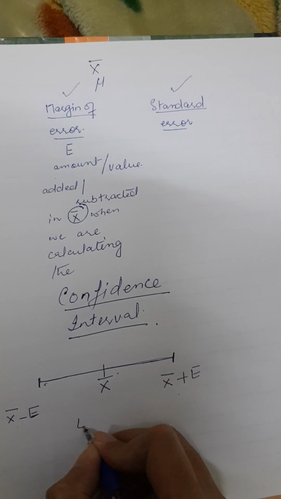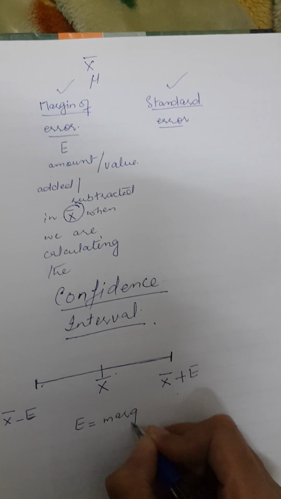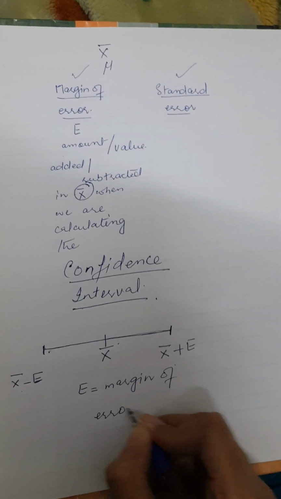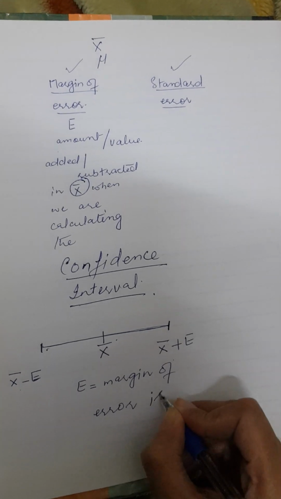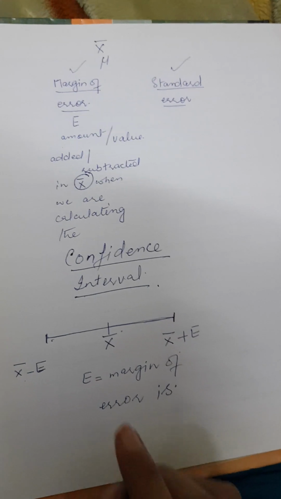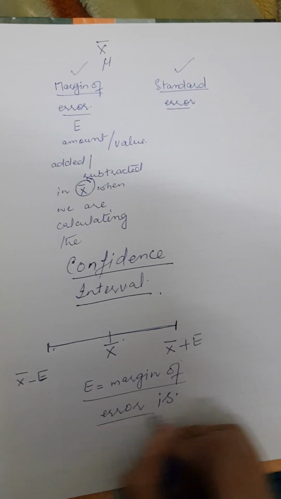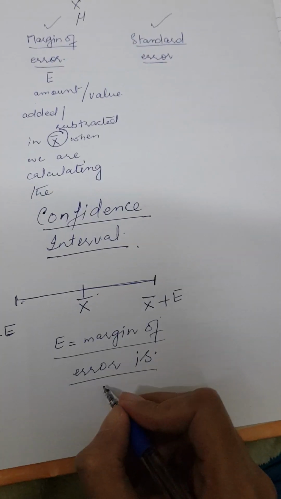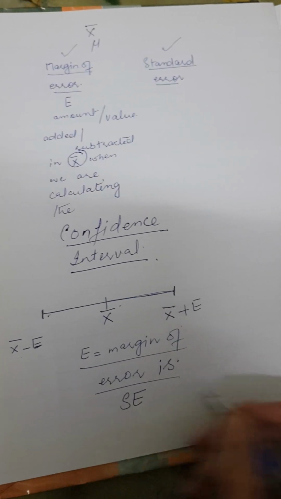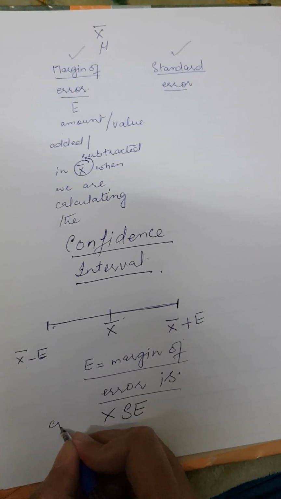And this margin of error, now you have to concentrate on what we are going to say. We are going to say a very important thing. The margin of error is the standard error multiplied by the critical value.